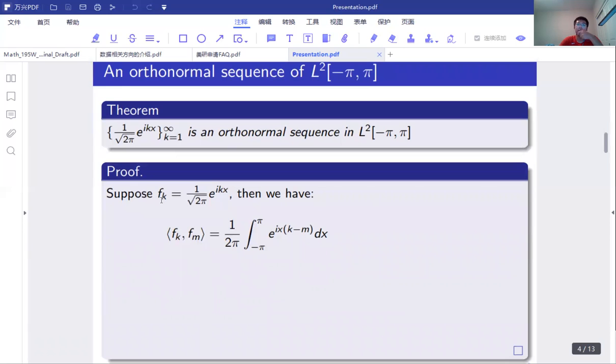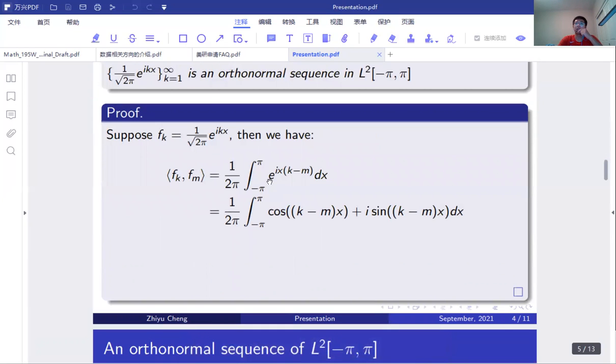Suppose f_k is a term of the sequence. Then we have the inner product of two terms equal to this one. Remember, there is a minus here because our inner product in L2 is the integral of the first function times the conjugate of the second function.